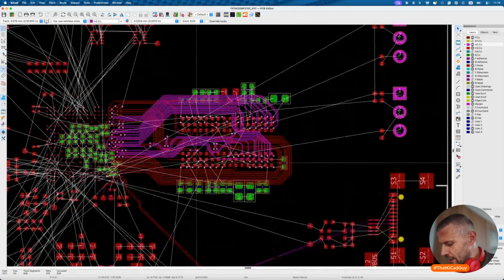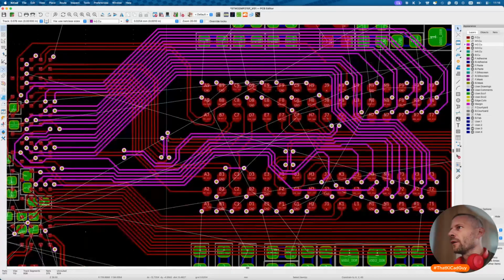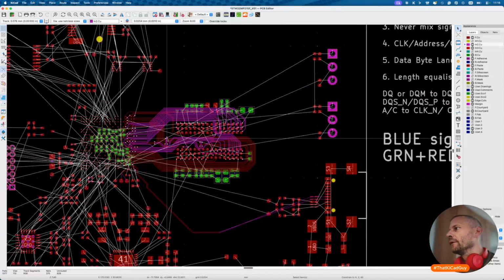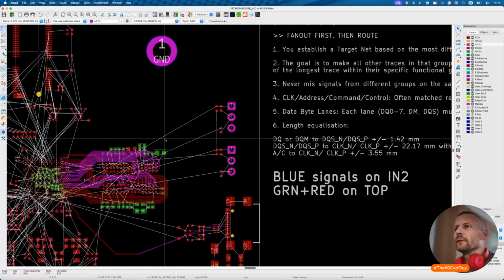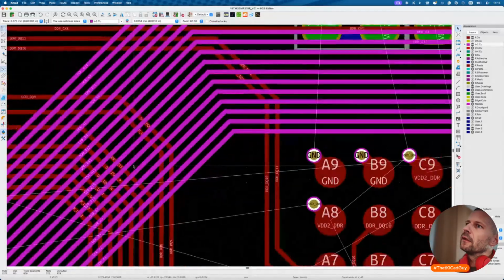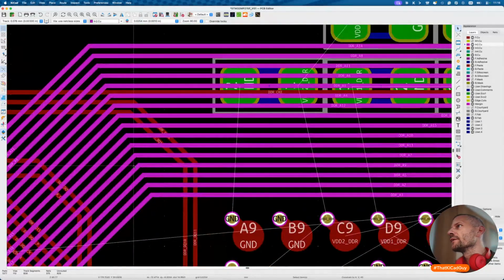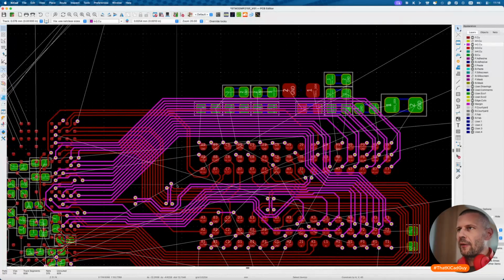So let's check the AC signals. AC signals are all the magentas. Is it correct? Yes, all the magentas. So let's check. Yeah, inner layer.